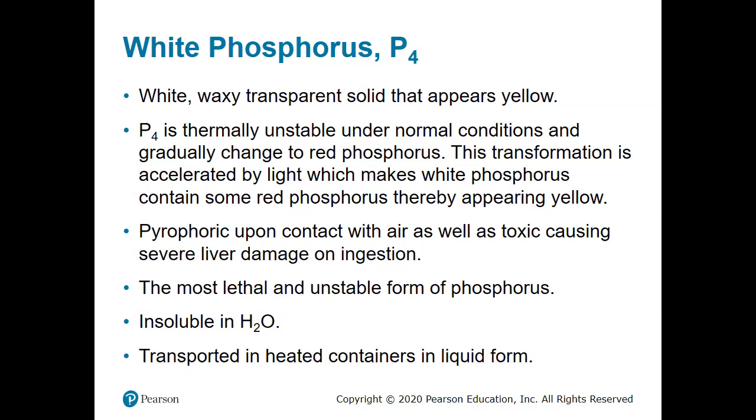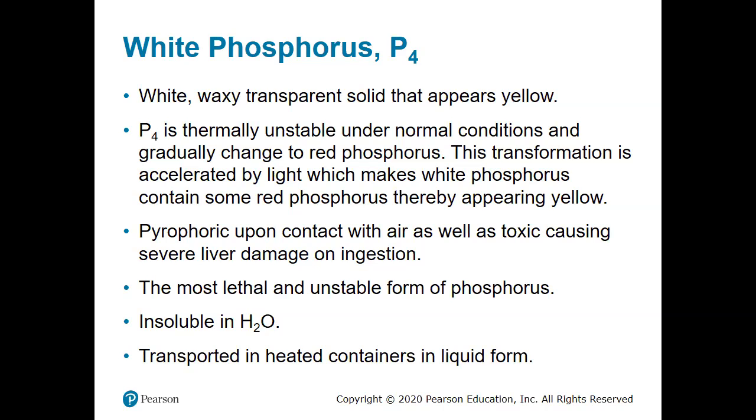However, one advantage that it does have is that it is insoluble in water. And because of its lack of solubility in water, that is usually how we store it if we have it in bulk form. However, from a transportation standpoint, if we were to transport it from one place to another, we would not store it underwater.